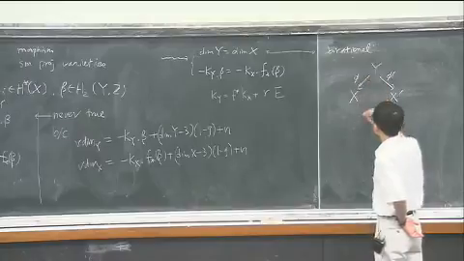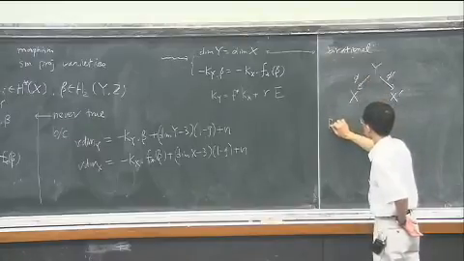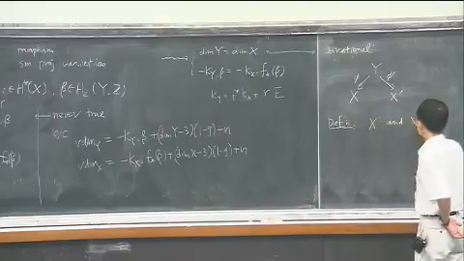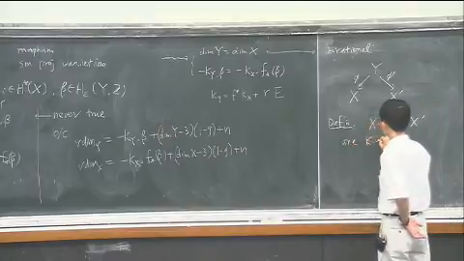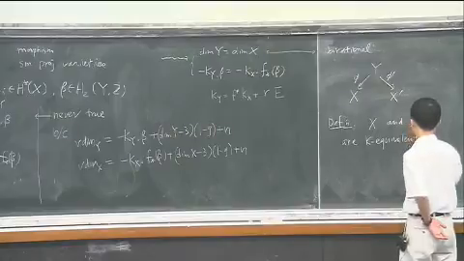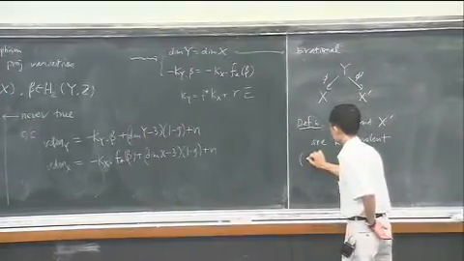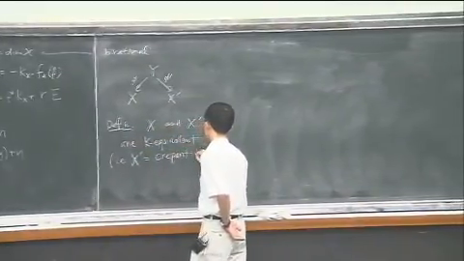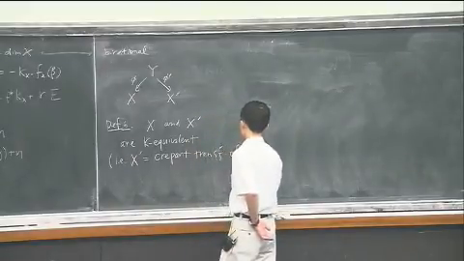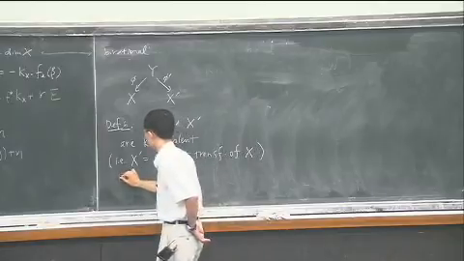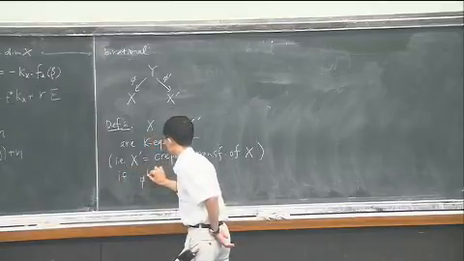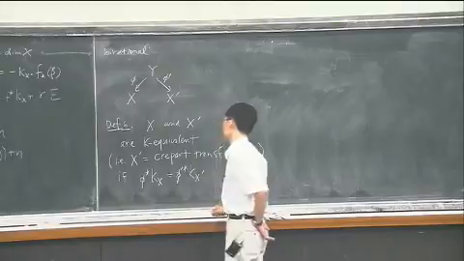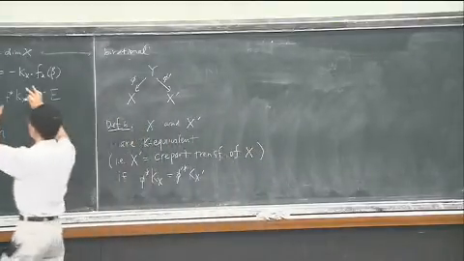So, definition: x and x prime are K-equivalent, or sometimes, i.e., x prime is a crepant transformation of x, if we have phi pullback of k x the same as phi prime pullback of k x prime.